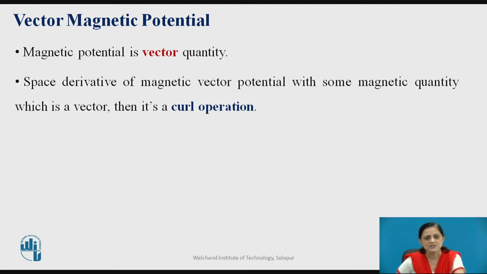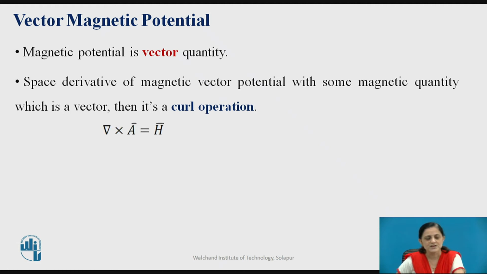Magnetic potential is a vector quantity, whereas you know that the electric potential is the scalar quantity. Along with the magnitude, the direction is required to define any vector quantity. The space derivative of the magnetic vector potential, which is a vector, is known as the curl operation.